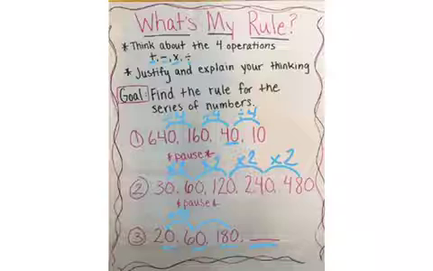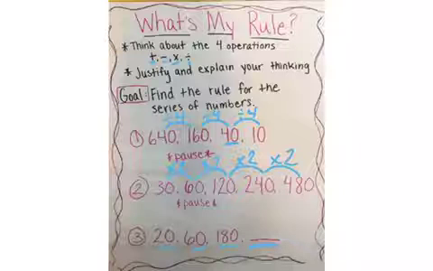But would I get to 180 if I just added 40 here from 60 to 180? 60 plus 40, well, that just gets me to 100. So I know that adding would not work. And I know it's not subtraction because my numbers are getting bigger. And I know it's not division because my numbers are getting bigger. So it must be multiplication.